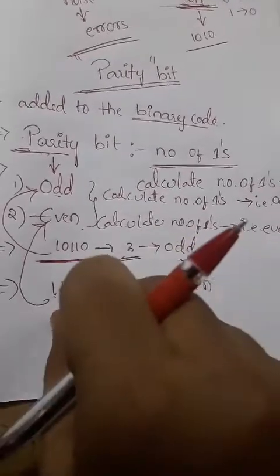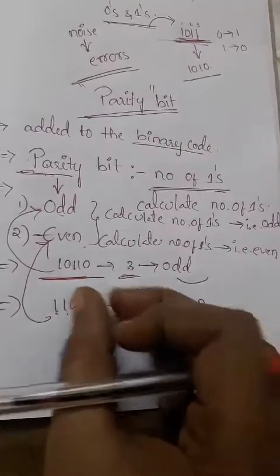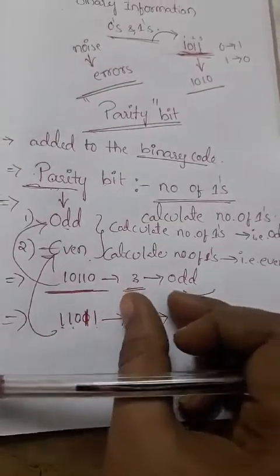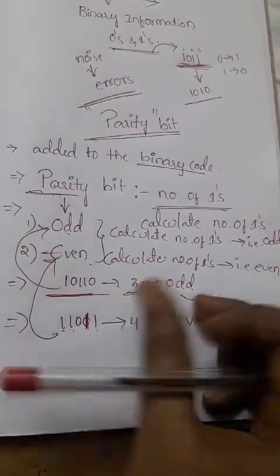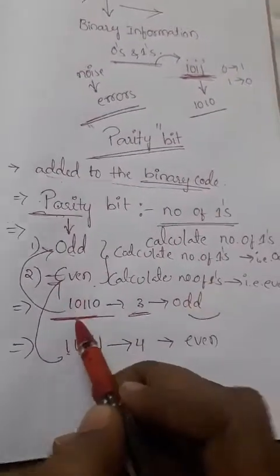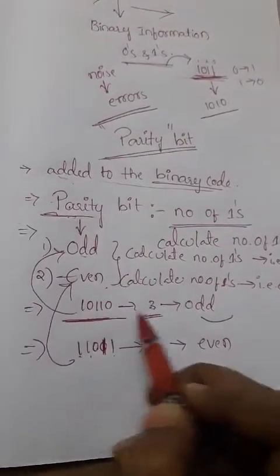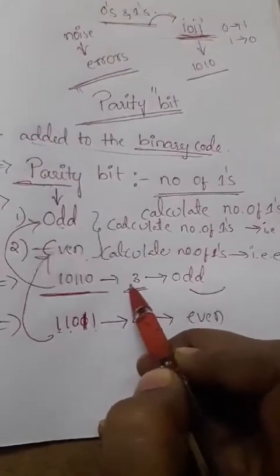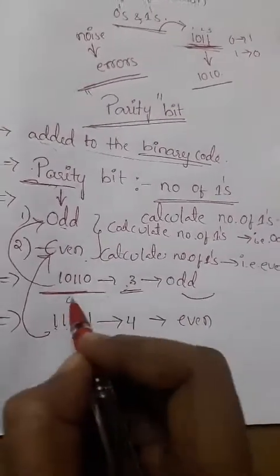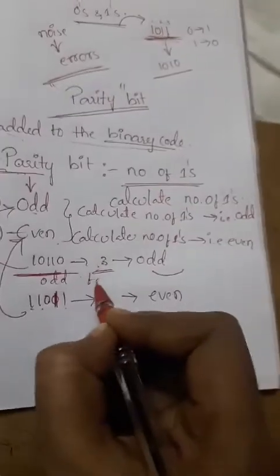Now this won't require any odd parity bit to be added for this code. What is the parity bit added to the binary code actually? But it already has an odd number of ones. That's why this won't require any odd parity bit for adding.